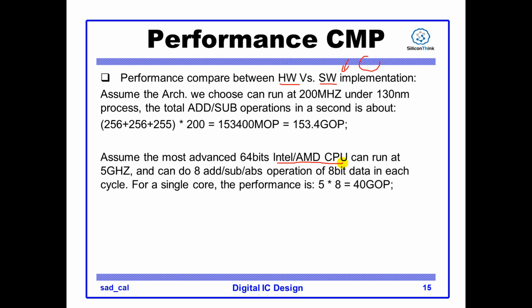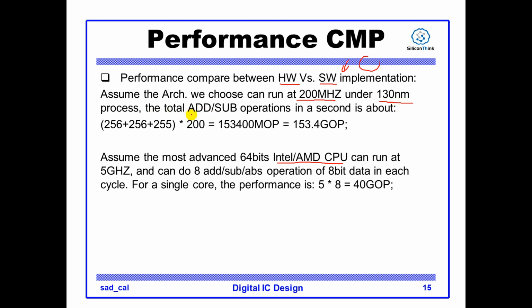Let's compare the difference in performance for the two implementations. For the hardware implementation and the architecture we chose, I suppose it can run at 200 MHz for a 160 nanometer process.